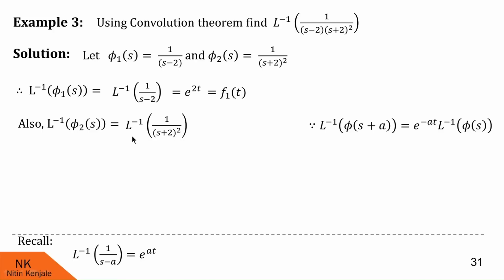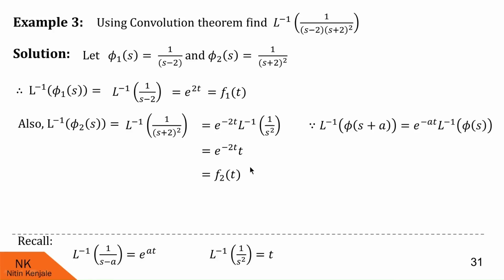So this L inverse of 1 upon (s plus 2) the whole square now becomes e raised to minus 2t into L inverse of 1 upon s square. And whose Laplace transform is 1 upon s square? Yes, it is the Laplace transform of t. So L inverse of 1 upon s square is t. So e raised to minus 2t into t is L inverse of phi 2(s). Let's call it f2(t).